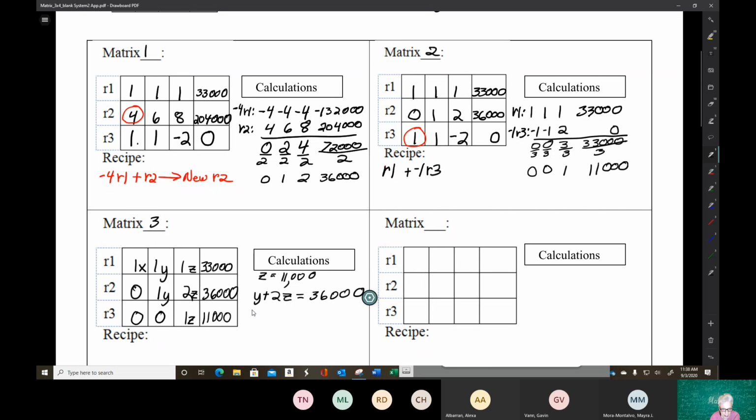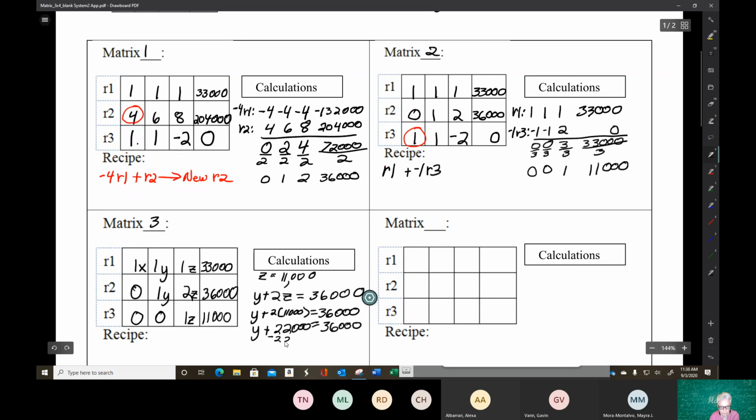So Z is 11,000, so that'll be Y plus 2 times 11,000 equals 36,000. And so that'll be Y plus 22,000 equals 36,000.